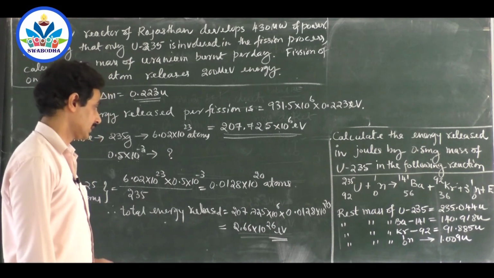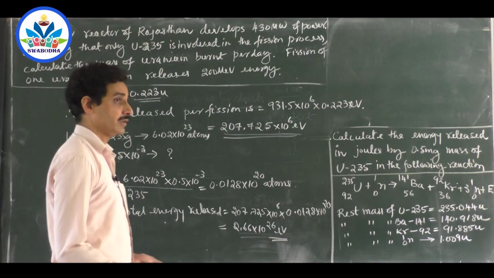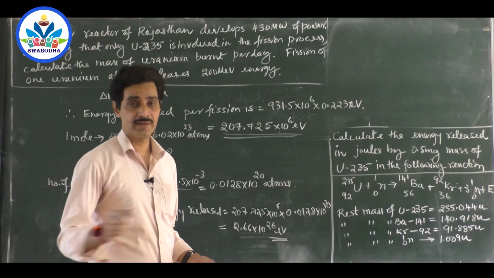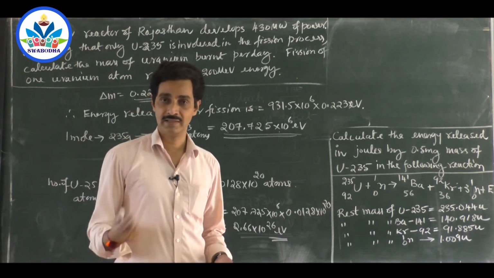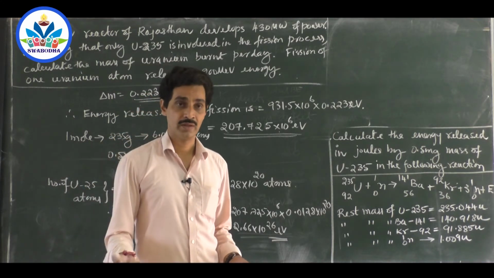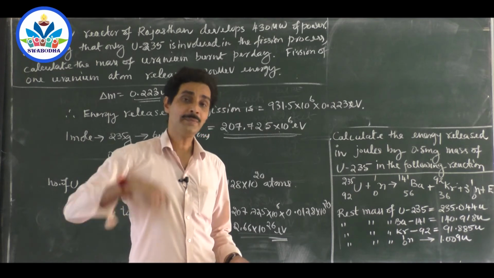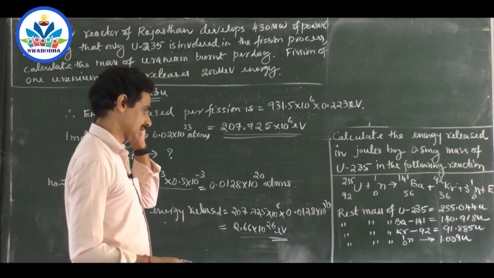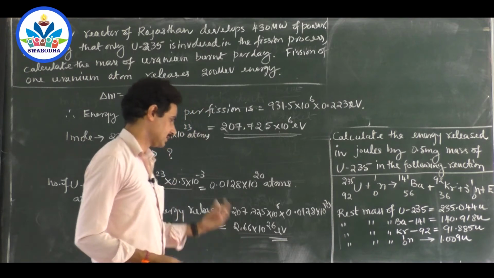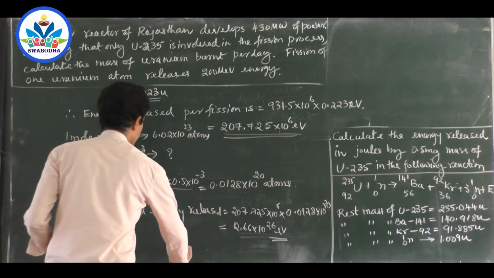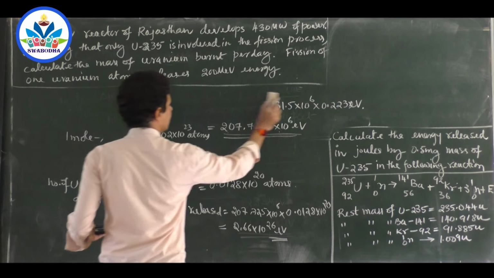And if you want to convert it into joules: if the energy is in joules, divided by 1.602 into 10 to the power minus 19 gives energy in electron volt. If the energy is in electron volt, multiplied by 1.602 into 10 to the power minus 19 gives the energy in joules.